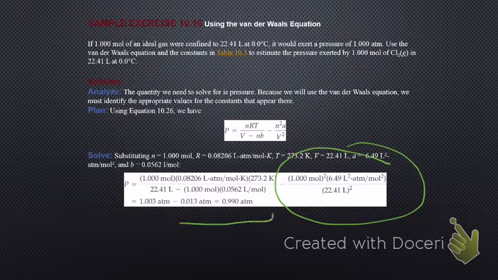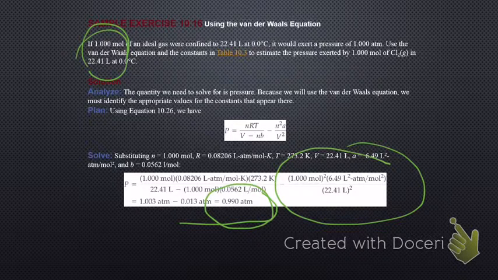When you do this, you're going to get an answer of 0.99 atm. Okay, so an ideal gas is 1 atm, whereas the chlorine gas under these conditions is really 0.99.